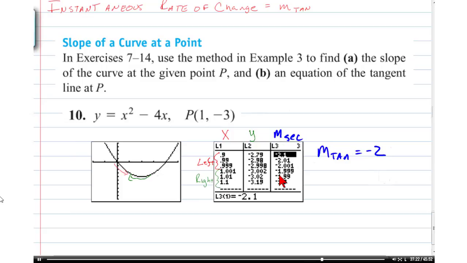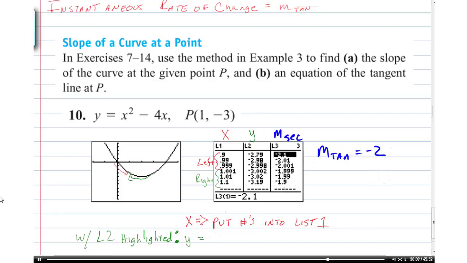Do you want me to write above here how we came up with these? Let me write it below. Yeah, I think that would prove helpful. The x's, I just put the numbers in, and these are how I selected the numbers. They were numbers getting closer and closer to 1 from the left, and then closer and closer to 1 from the right. Then to get the y's, I did this up in list 2 with L2 highlighted.